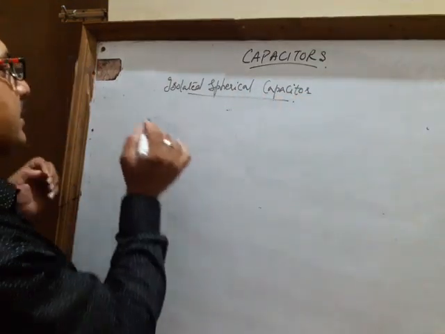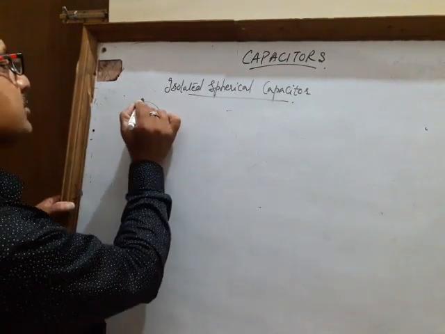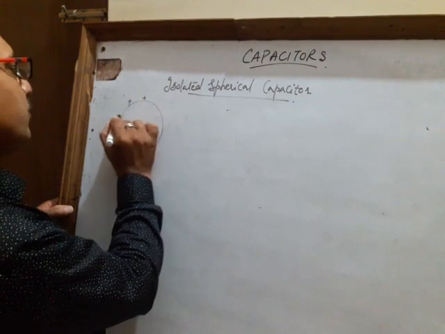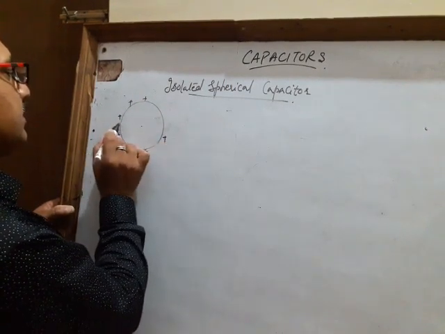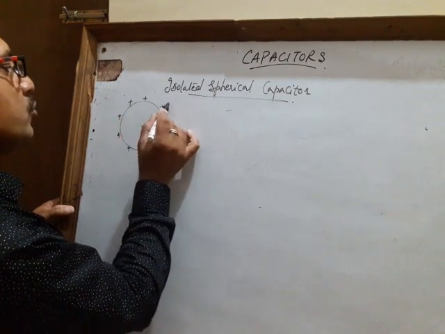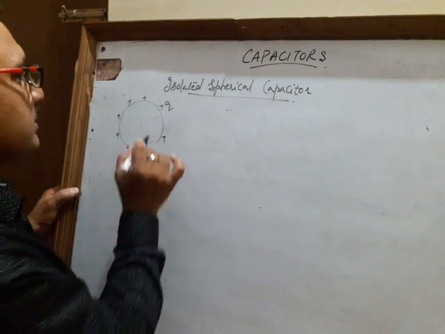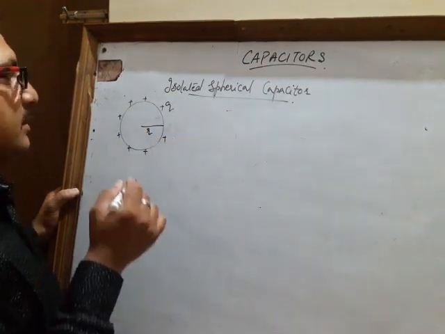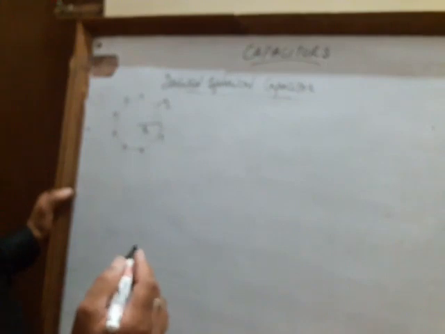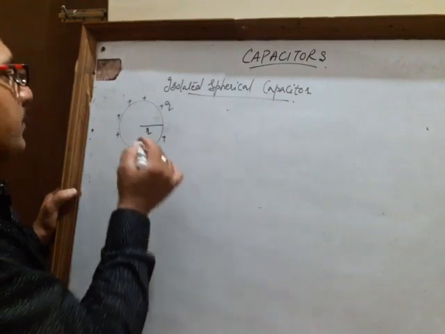Suppose there is a spherical capacitor, we give charge, suppose Q, to this capacitor, Q amount of charge which stays on the surface of the capacitor. You can say isolated spherical conductor or capacitor. This has a radius A.